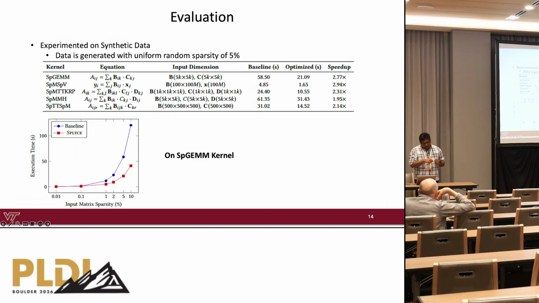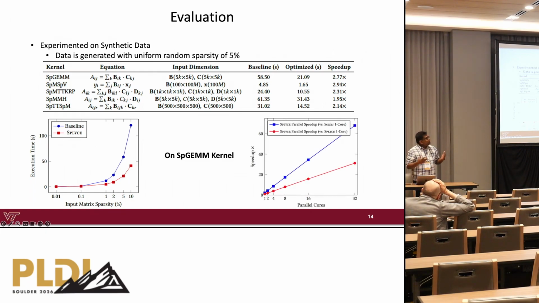Then we also vary the sparsity, from 0.01% up to 10%. 10% is not that practical because 10% means not so sparse. Generally, sparse tensors are less than 1%. And you can see compared to the baseline version, the vectorized version is performing much better.